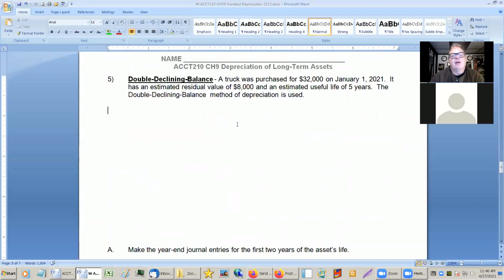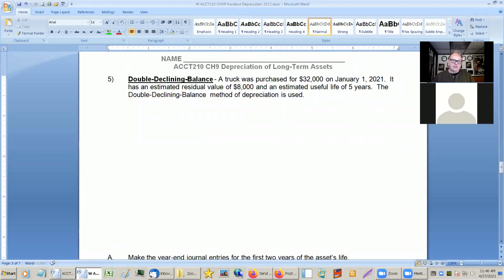All right, double declining balance method. This method is different than the other ones, and it starts out with the total cost first.